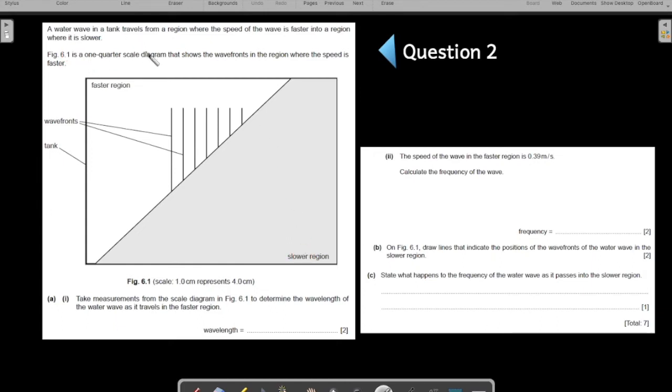Now this figure is a 1/4 scale diagram that shows the wavefront in the region where the speed is faster. So here the speed is faster. Take measurements from the scale diagram to determine the wavelength of the water wave as it travels in the faster region. So here the question asks you to use your ruler. You have to use your ruler and measure the spacing between the wavefronts. Right?